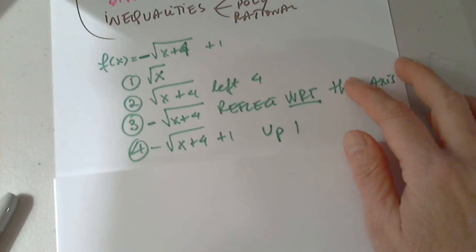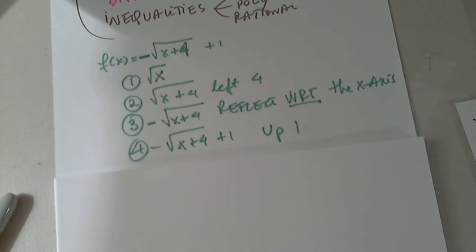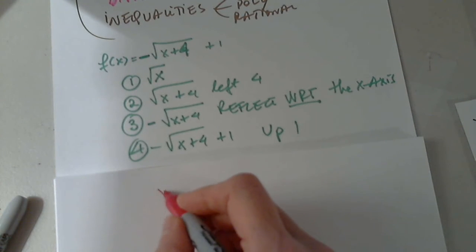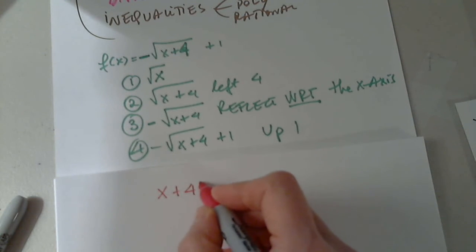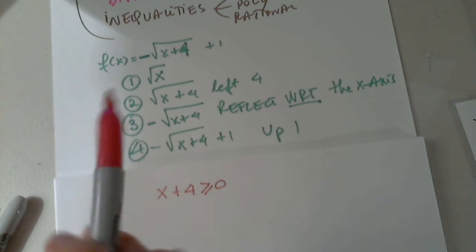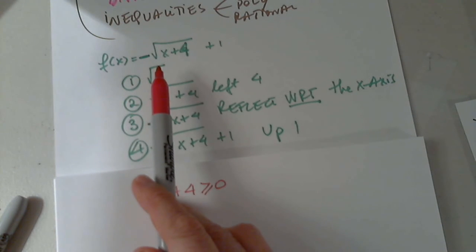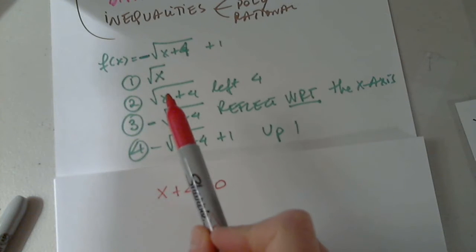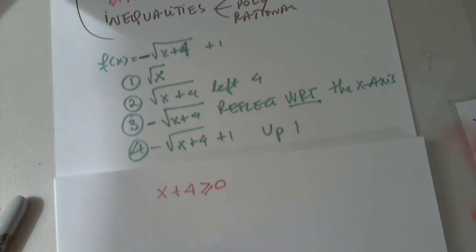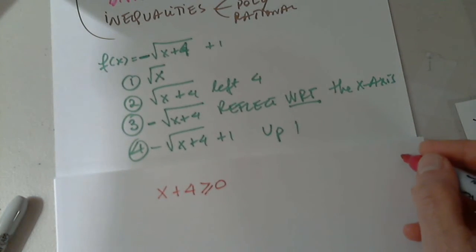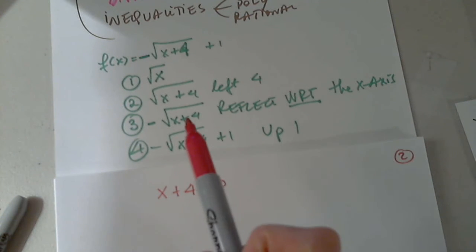Okay, before I graph, I would like to determine the x and y intercepts. I know that the graph has the domain this, because I have the square root of x plus 4. X plus 4 is under the square root, in other words, this is the radicand of the square root.